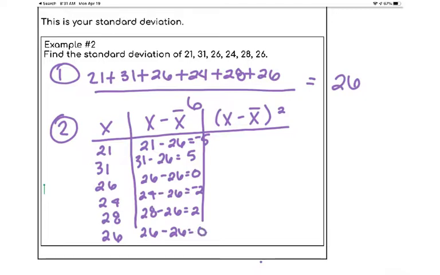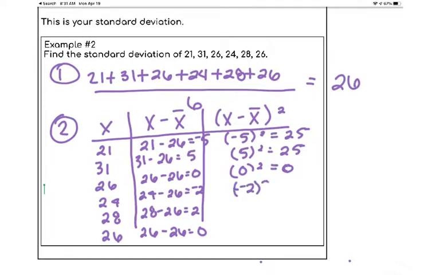Then we're going to go back and we're going to square those. So negative 5 squared equals 25. 5 squared equals 25. 0 squared equals 0. Negative 2 squared equals 4. Remember, when you square a negative number, it's going to be positive because a negative times a negative is a positive. 2 squared is going to be 4, and then 0 squared is 0. Okay?